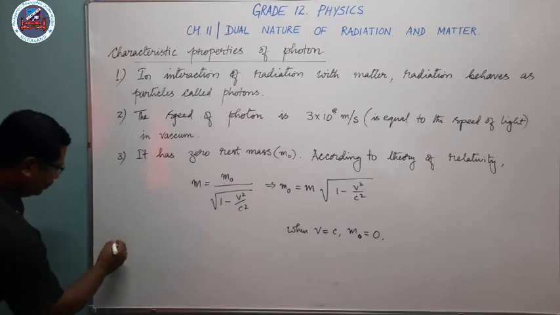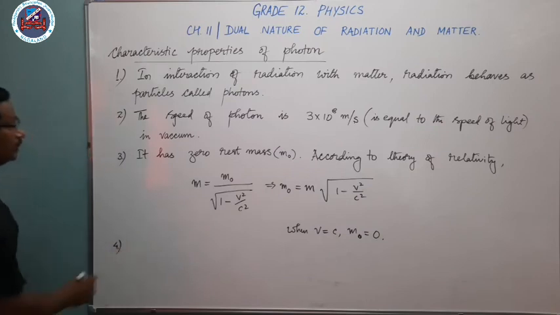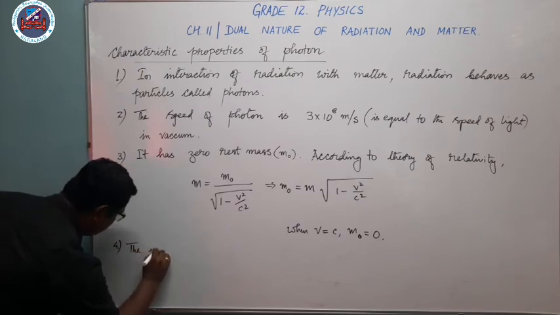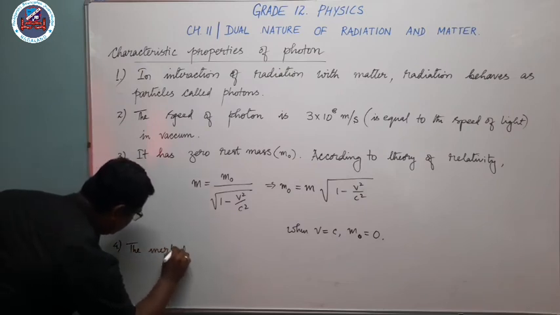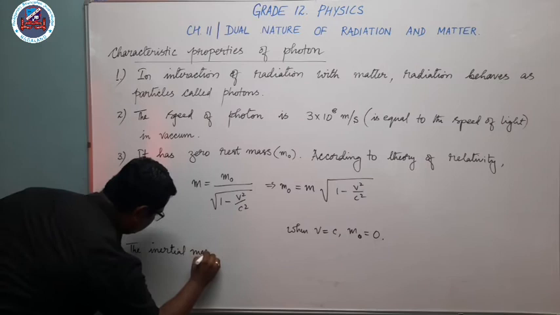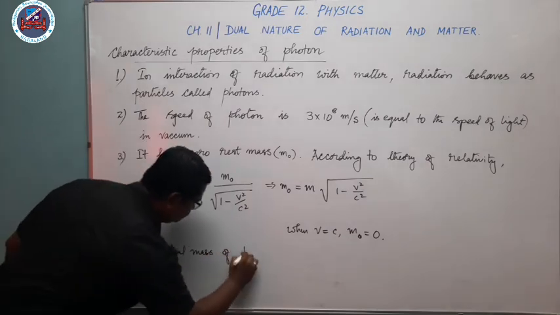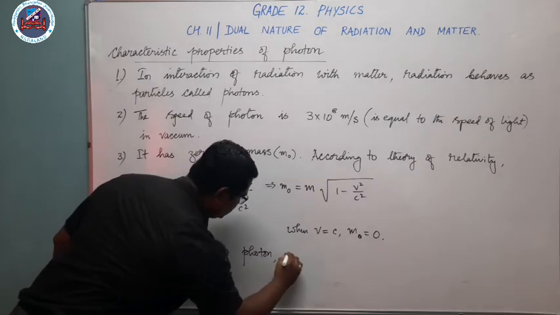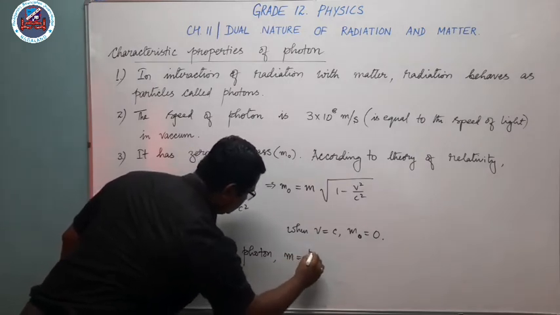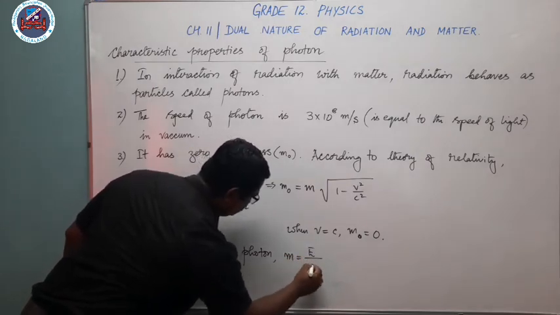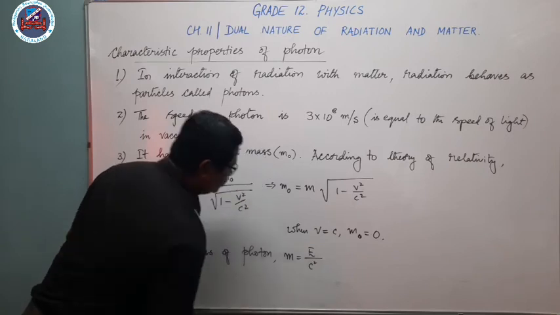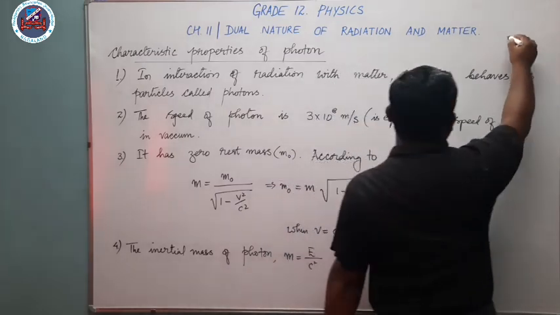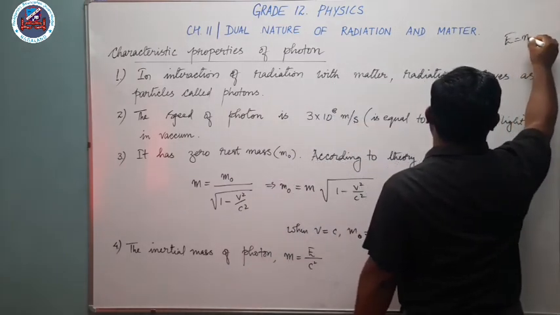Let us see the fourth point. The inertial mass of photon, mass is equal to energy divided by c squared, the speed of light square. It comes from Einstein's famous relation, E is equal to mc square.